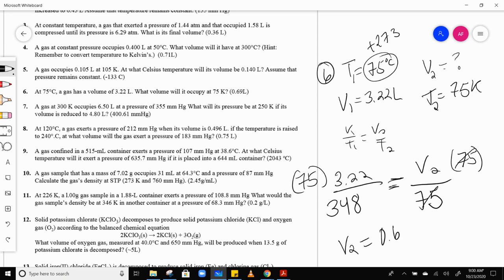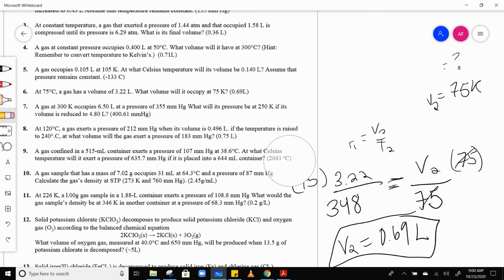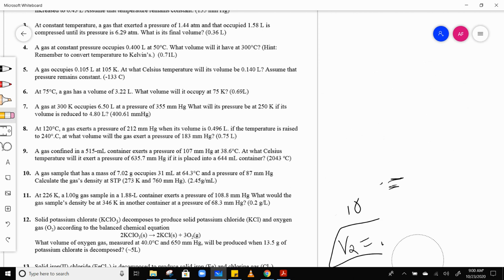All right, 0.69. And the volume was in liters here, so it's 0.69 liters. Okay, next one. Okay, number 7.